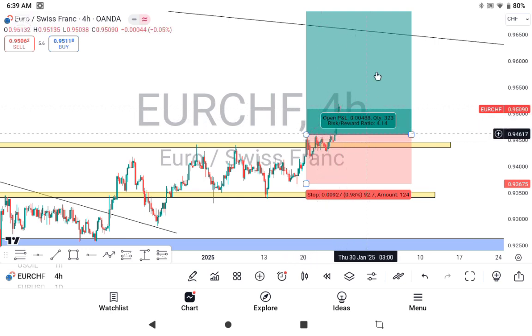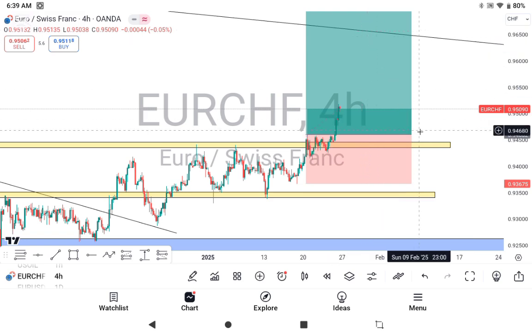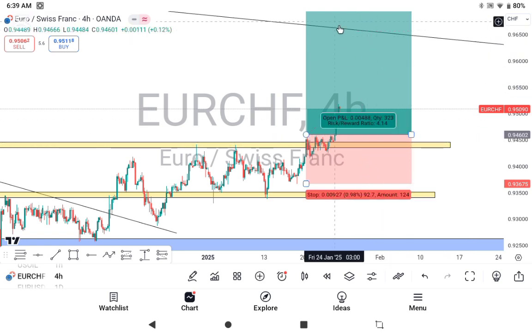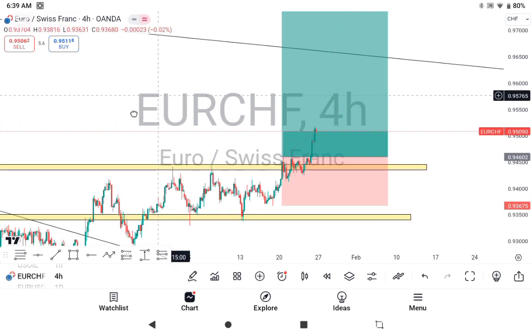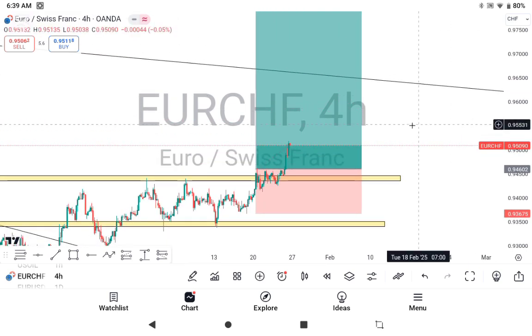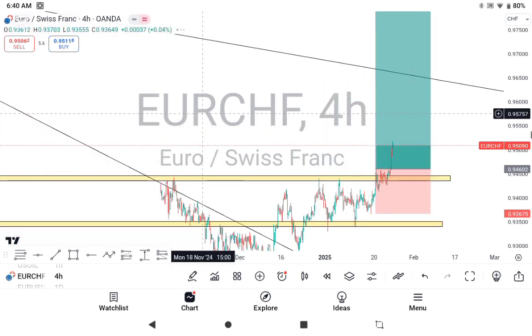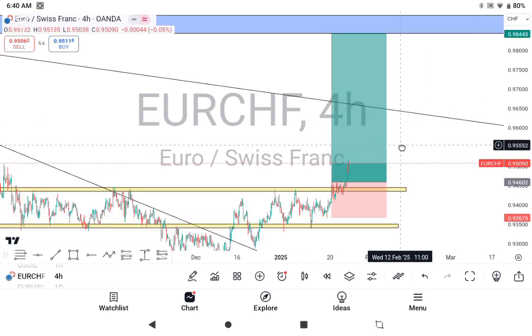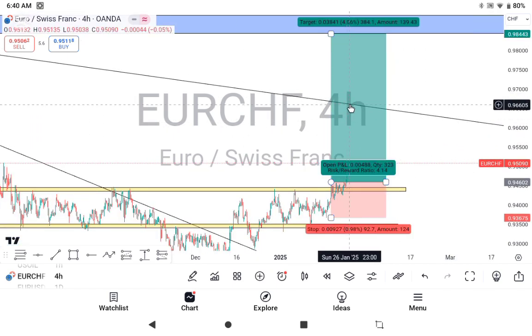It might get to this trend line right here, and this trend line might push the price back down. Also it can get here and the market can just ignore this trend line and blow out to this key level of resistance.